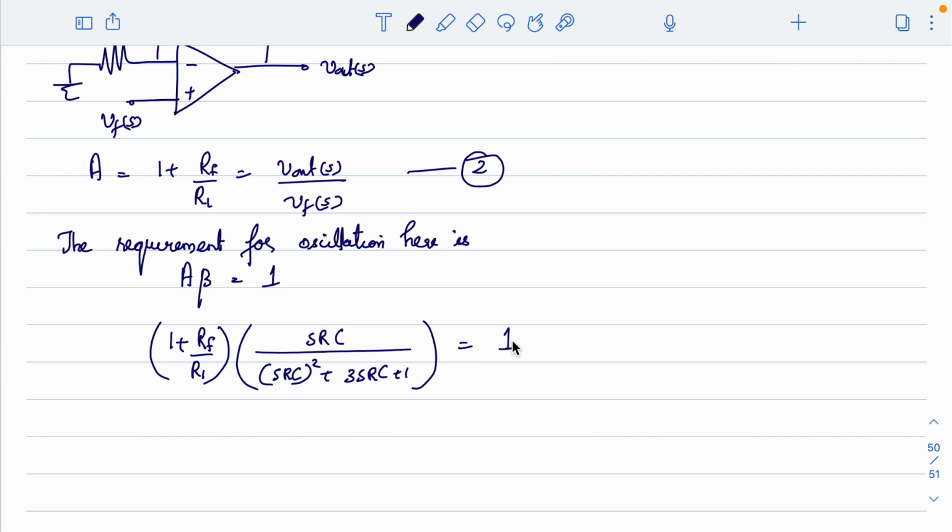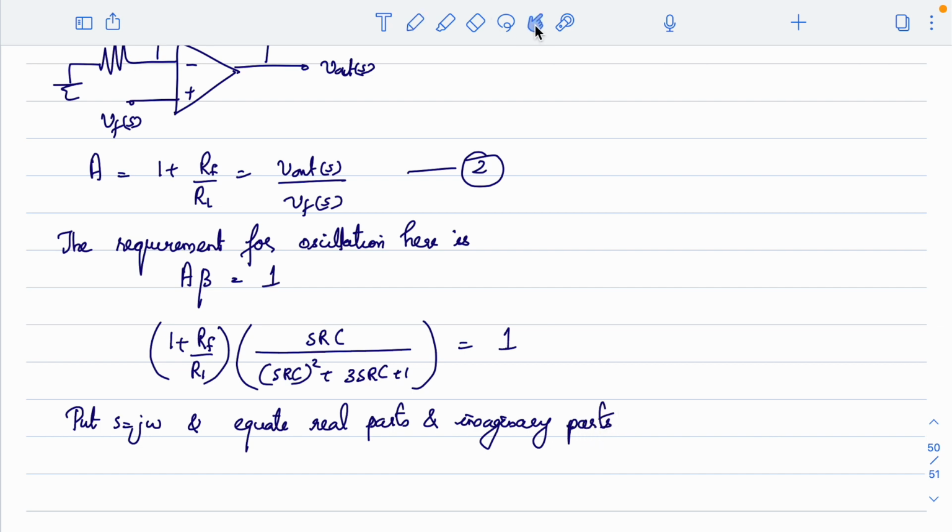Once we arrive at this condition of A beta equal to 1, what we can do is put S equal to j omega and equate real and imaginary parts, which will give you the condition for oscillation as well as the gain requirement of the circuit, right?